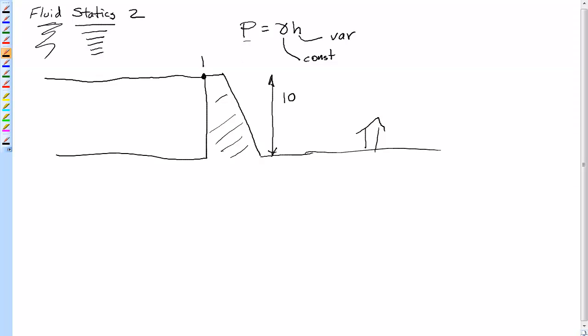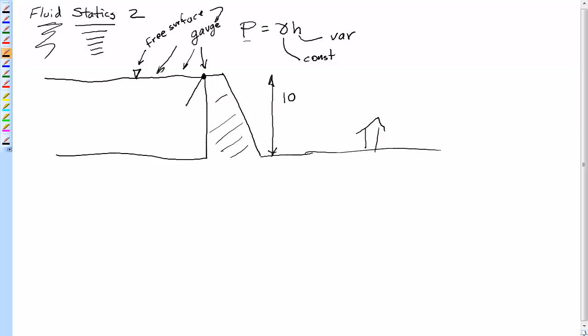So if we're talking about gauge pressure, this pressure at the top, as well as all along the top, is 0. A lot of times in textbooks they'll put a triangle here to denote a free surface, and that basically implies that the gauge pressure there is 0.